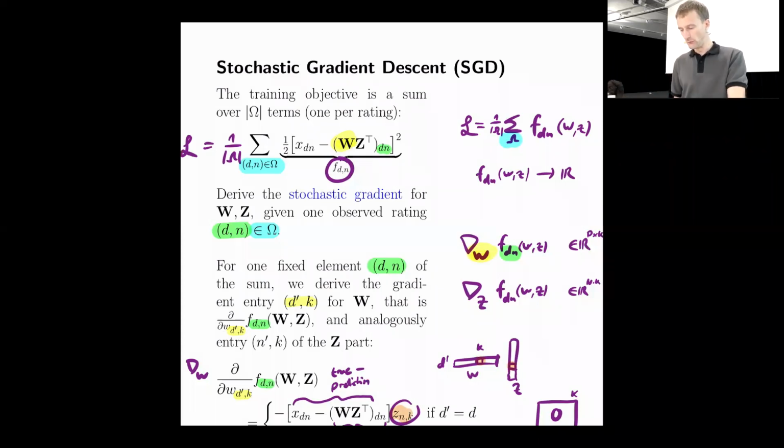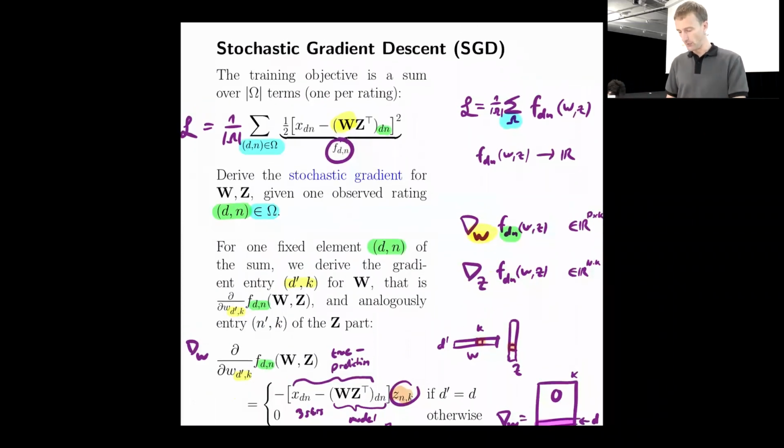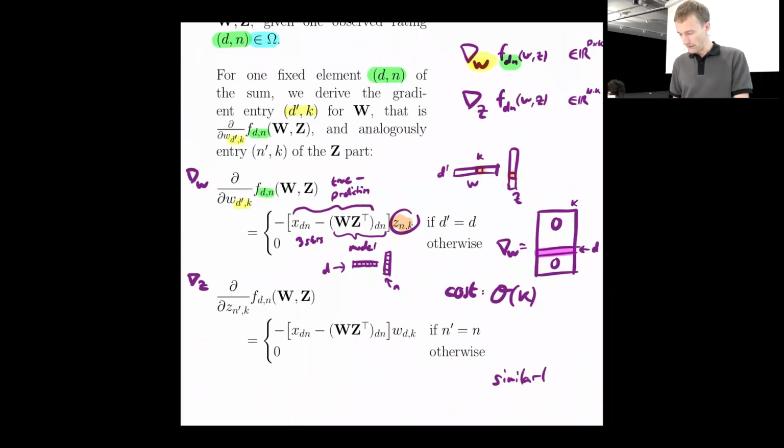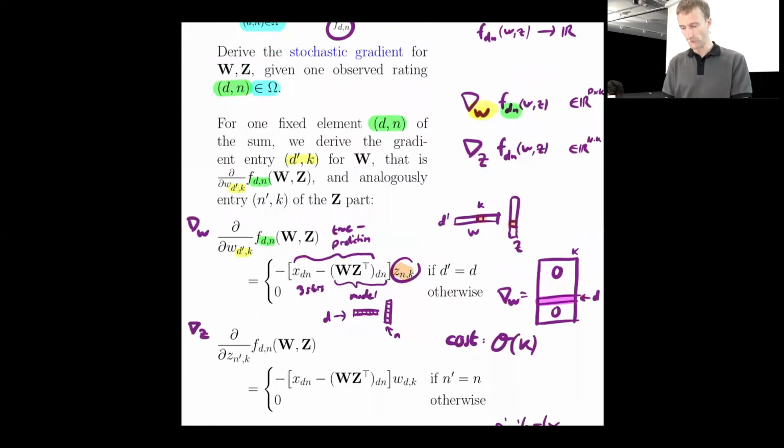But here we perform a step which is so cheap that it only affects one user and one movie, because only this row has a non-zero gradient. So the movie matrix is unchanged except the particular row for the movie D which I've sampled. And same for the user, only the user vector currently active, which is N, is changing in that particular step. And then you go to the next D and N.